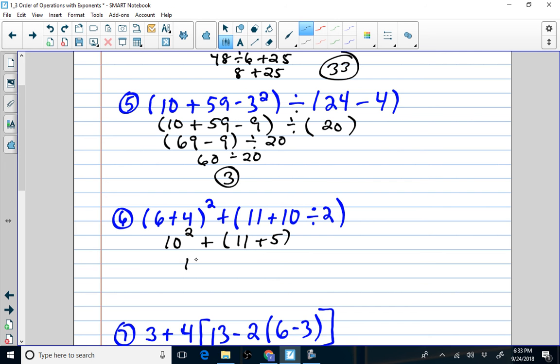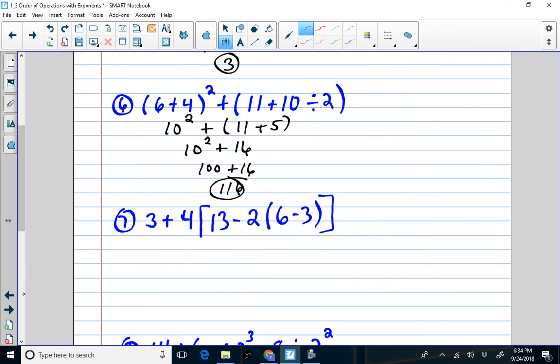Still have to finish that parenthesis, so I recopy the 10 squared. 11 plus 5 is 16. Now I finish my parentheses, I can go to my exponent. 10 squared is 100 plus the 16. That's going to be 116.